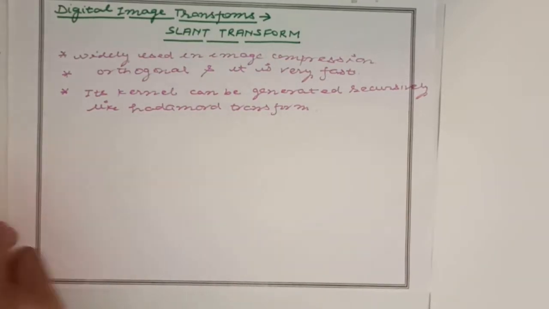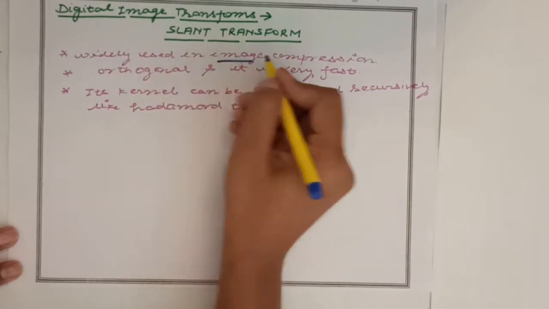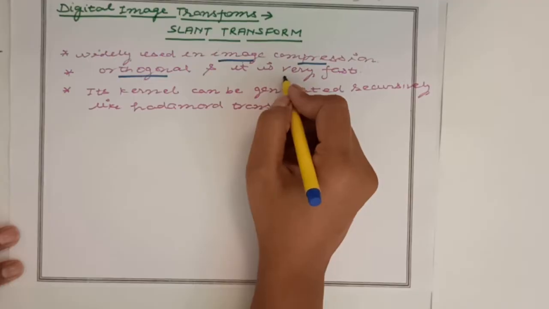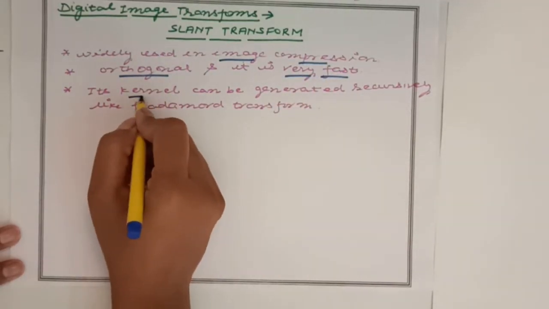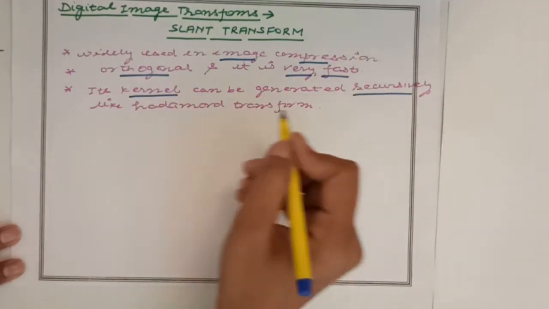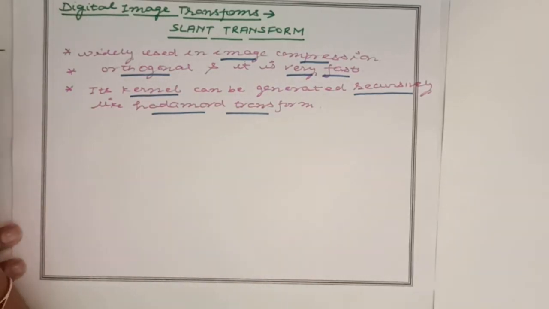So these are the three basic properties: it is widely used in image compression, it is orthogonal in nature, and it is very fast. The kernel generation is done in a recursive manner, just like the case of the Hadamard transform.